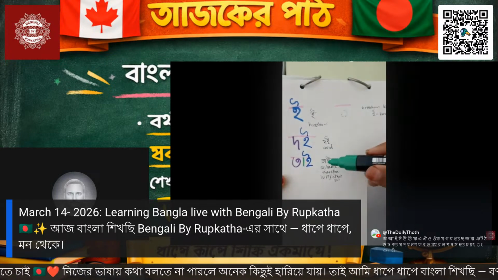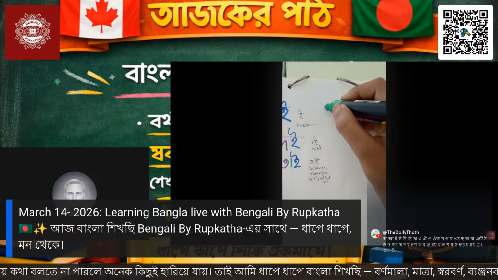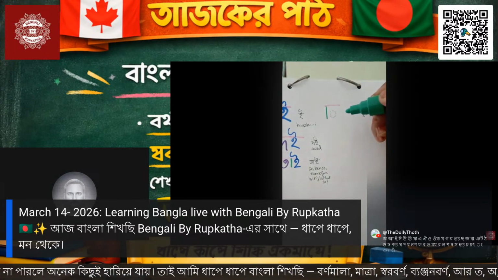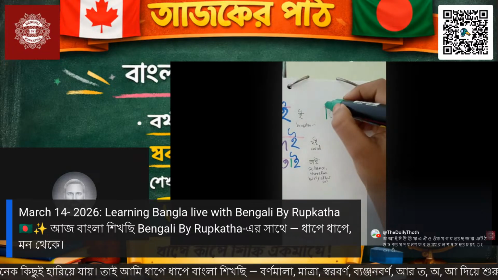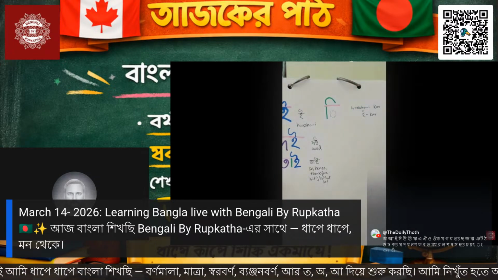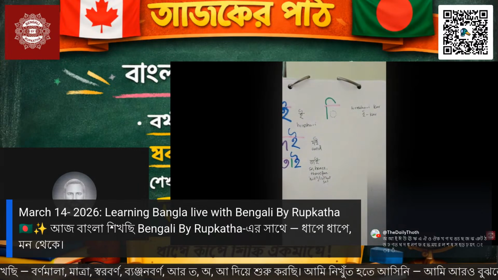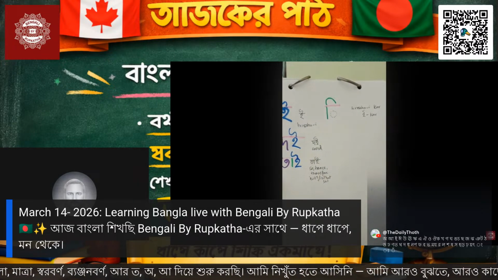Akar is written to the right of Banjan Borno. Rasho E kar will be written to the left of Banjan Borno. It comes in 2 parts. One vertical line and a curve on top. It's like an umbrella on one side. This is Rasho E kar.